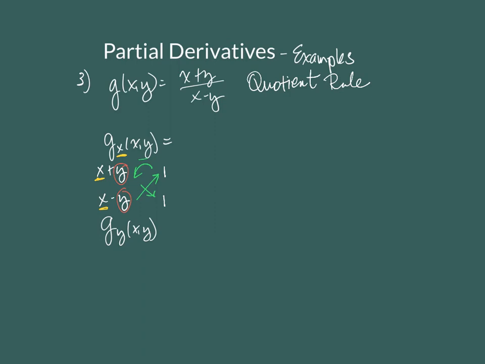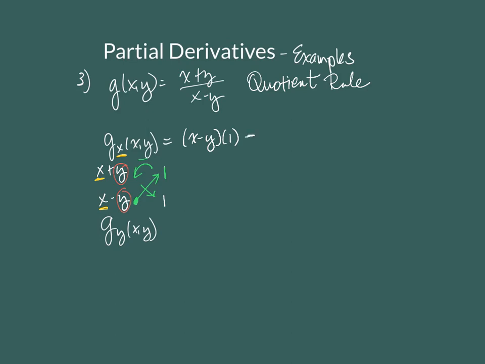So bottom d top, bottom times the derivative of the top. So if I actually start my ribbon down here, start at the bottom, the x minus y, that's my bottom. And then multiply by the top, that's the d top.